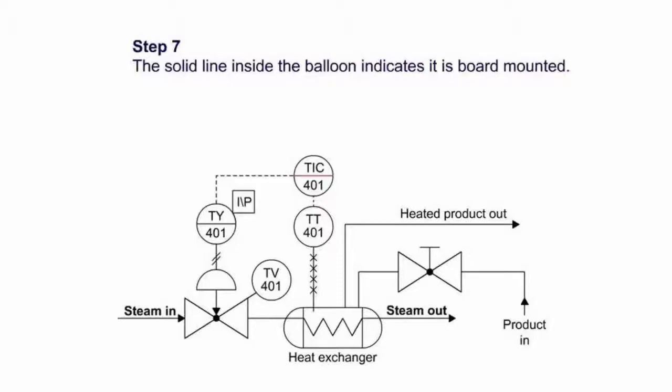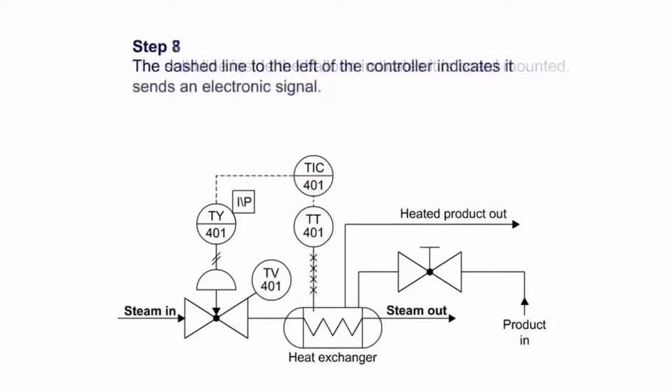Step 7. The solid line inside the balloon indicates it is board mounted. Step 8. The dashed line to the left of the controller indicates it sends an electronic signal.